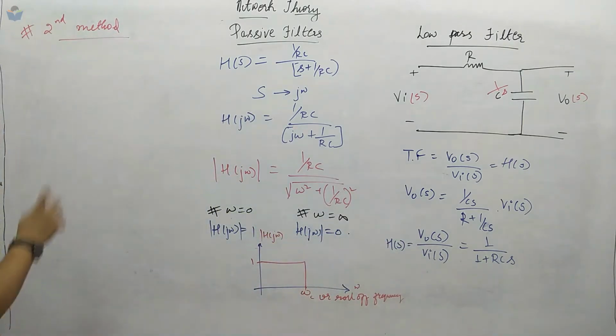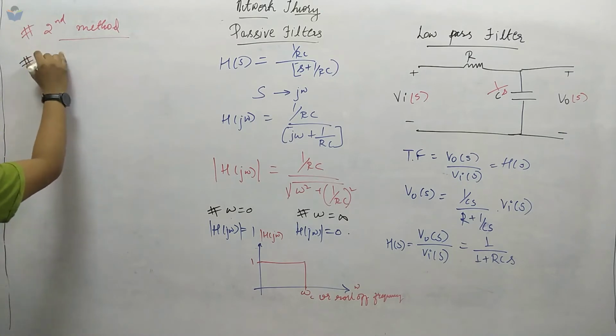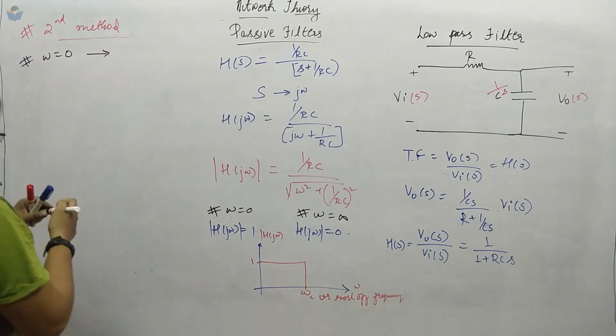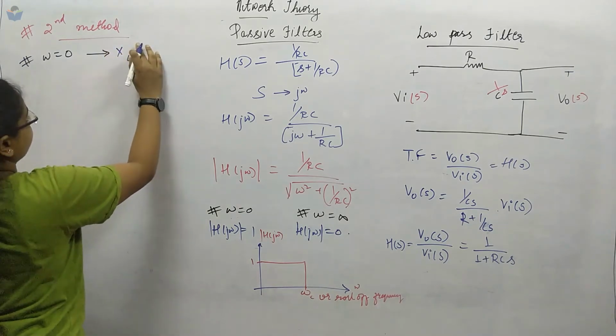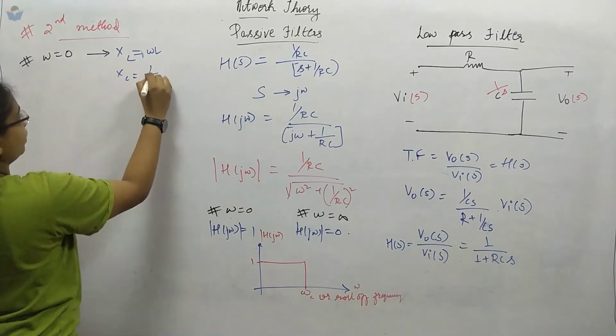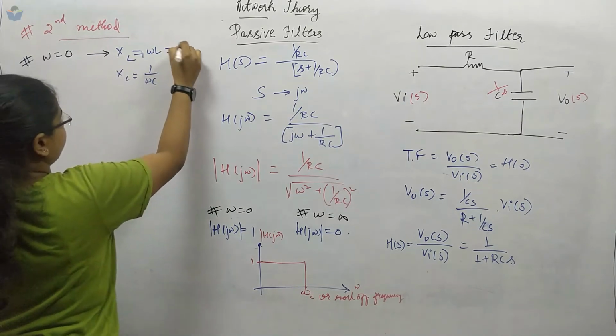So the second method is, first we take omega equal to 0. At omega equal to 0, XL equals omega L and XC equals 1 by omega C. Put omega equal to 0 and you will get XL as 0 ohms.